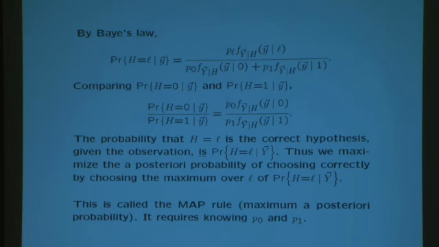It's called the MAP rule, and it doesn't require you to calculate this quantity, which is sometimes a mess. All it requires you to do is to compare these two quantities.